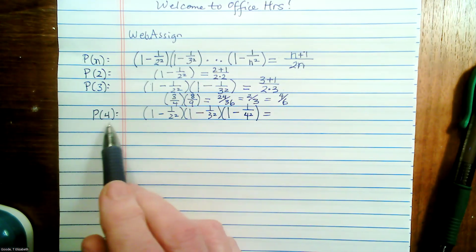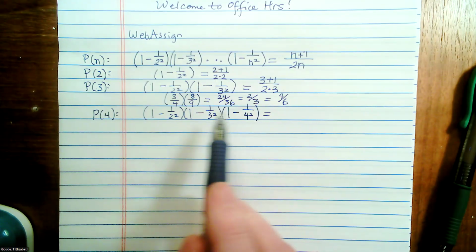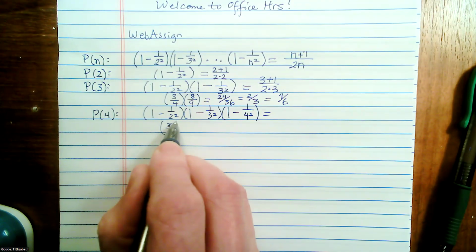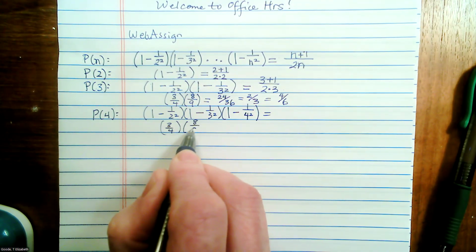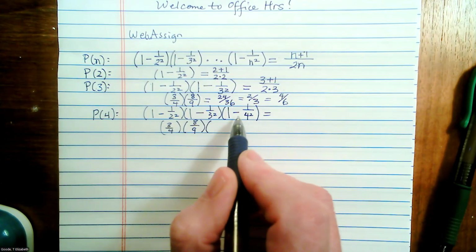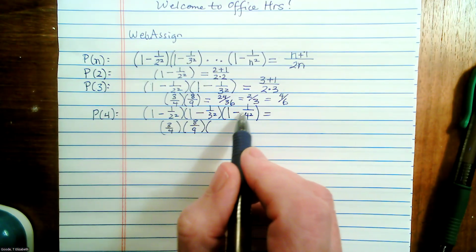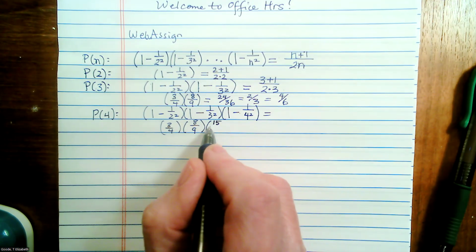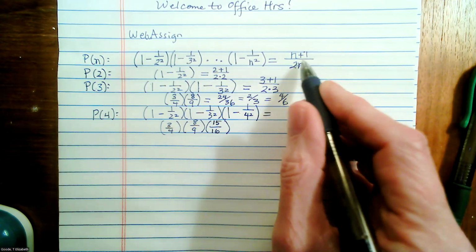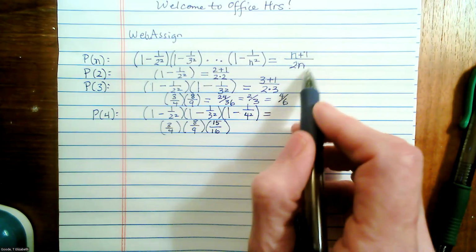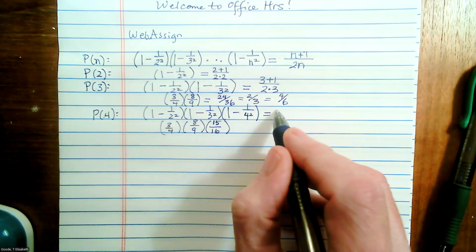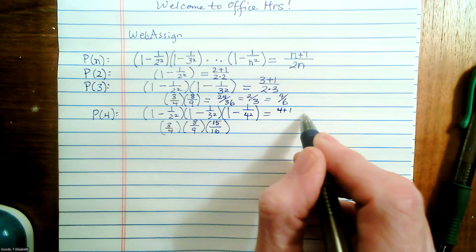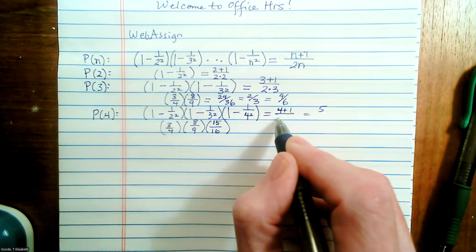And if n was 4 and we're looking at P of 4, we would multiply 3/4 times 8/9 times, oh gosh, 16/16 minus 1/16 would be 15/16. And that would have to equal, well, what do we get on the right-hand side when n is 4? 5 over 8.